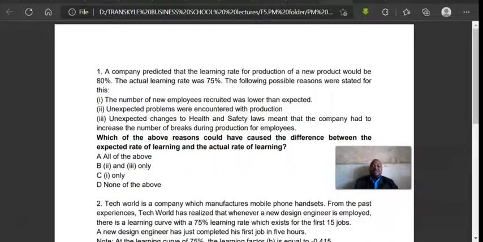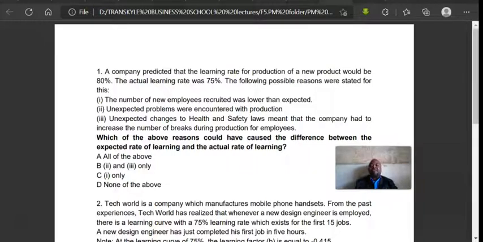Question number 1 is saying a company predicted that the learning rate for production of a new product would be 80%. The actual learning rate was 75%. The following possible reasons were stated for this. So in this case, it's a theoretical question that is testing our understanding of the learning curve theory.